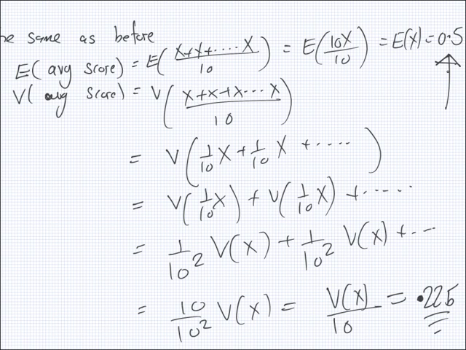So if you could just make some note in your notes, the bigger the value of n, the number of times you play, the less the variance. Yeah, you got that?